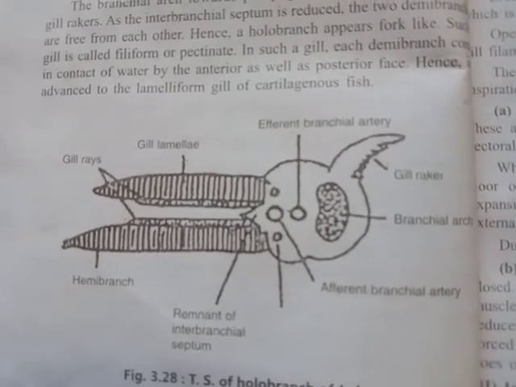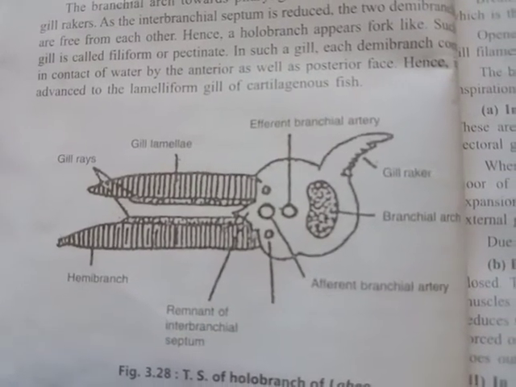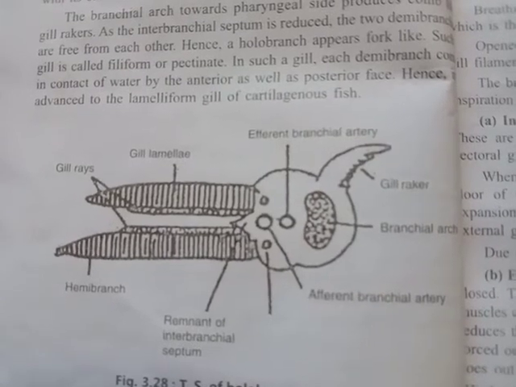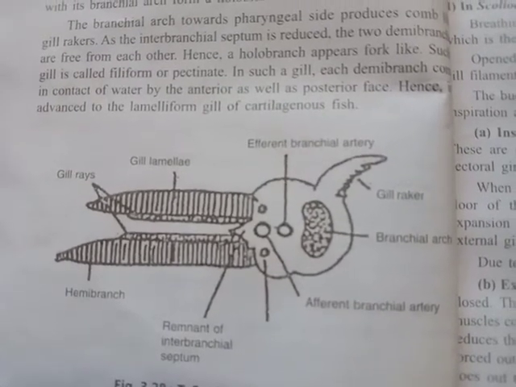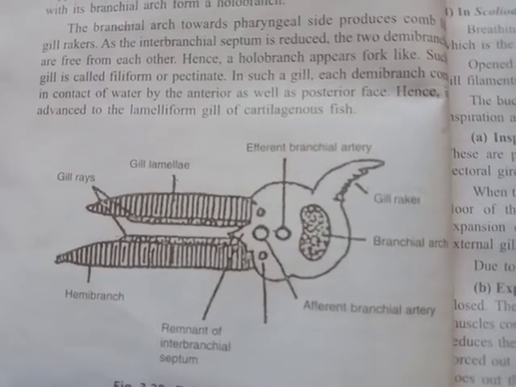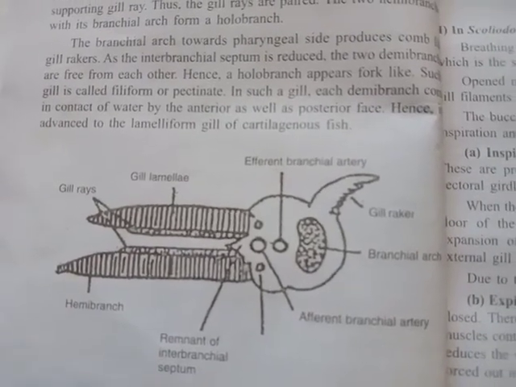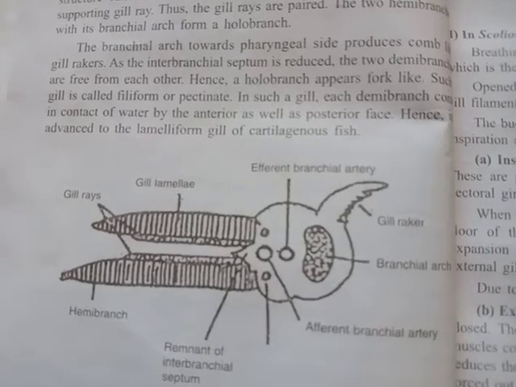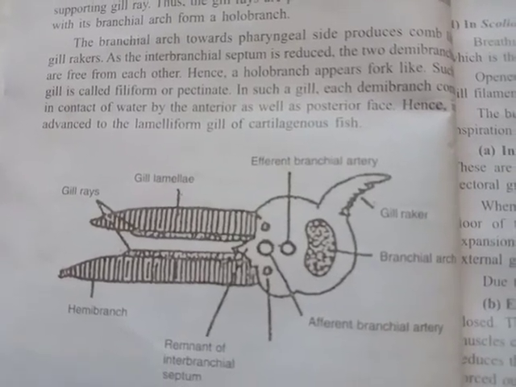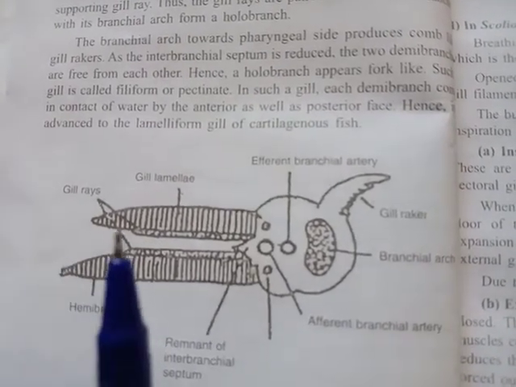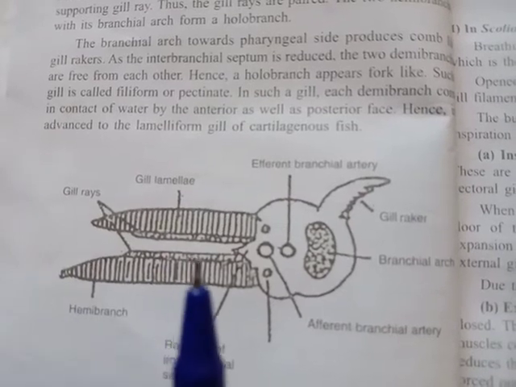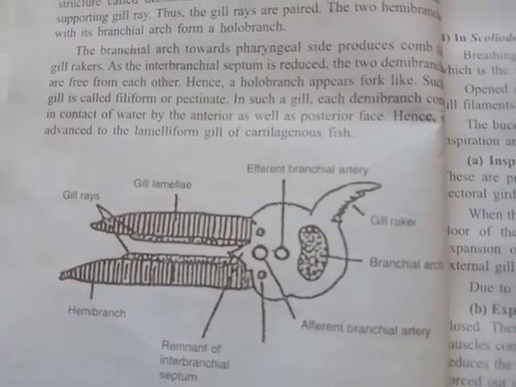Now we will see the structure of the gill. The gill of bony fish is evolved from that of cartilaginous fishes by the loss of the interbranchial septum. That means we will not see the interbranchial septum here.